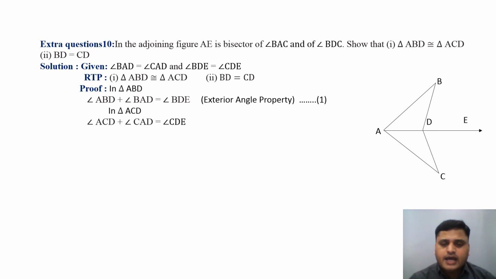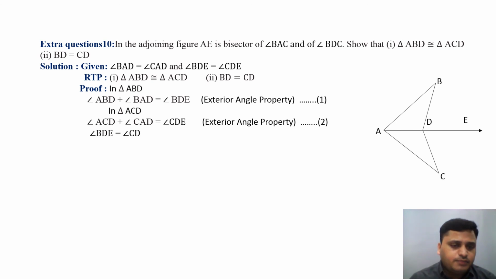Okay, till this point. And what is given in the question? That angle BDE is equal to angle CDE. This is given in the question, so we are going to use this one. Angle BDE is equal to angle CDE, so using equation 1 and equation 2, what we observe is angle ABD plus angle BAD is equal to angle ACD plus angle CAD, and angle BAD is equal to angle CAD.